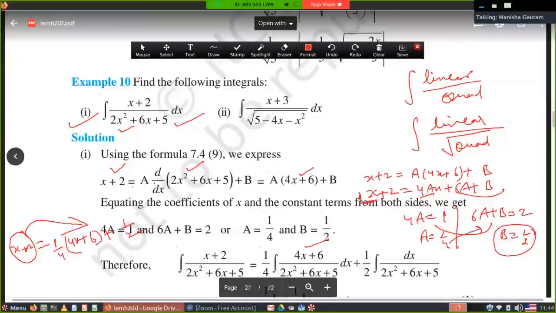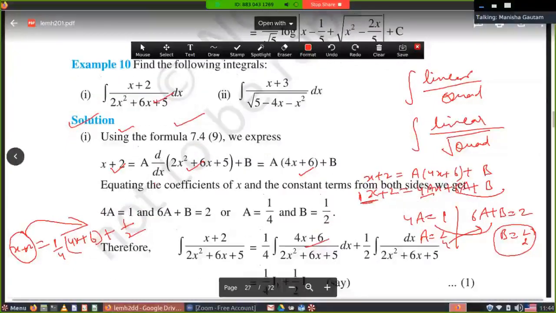When you replace this x plus 2 by this statement, then you can split it. The first statement will go to the numerator, and here in the denominator you are getting this statement. These two statements you will get.